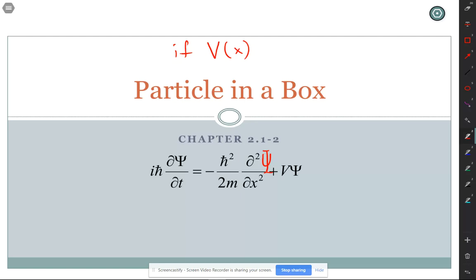So in everything we're going to do in this class, our potential energy is going to be a function of position.